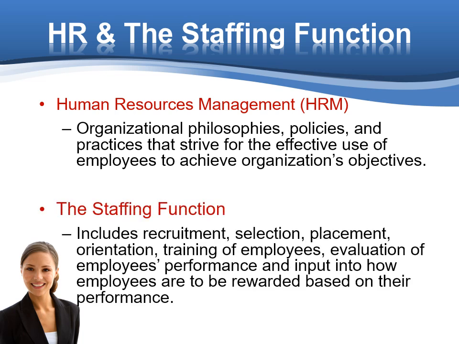The staffing function includes recruitment, selection, placement, orientation, training of employees, evaluation of employees' performance, and input into how employees are to be rewarded based upon their performance. So there's quite a bit there, a lot more than you probably thought.